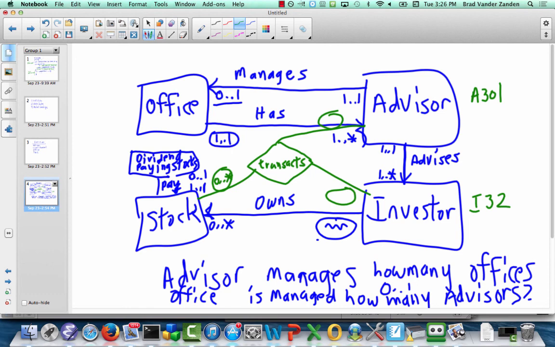Okay. If I have a stock and an investor, okay, so if I have some stock like IBM and an investor, now think about this one for a moment. Okay, what's the obvious answer?